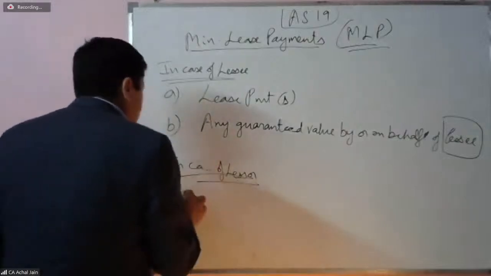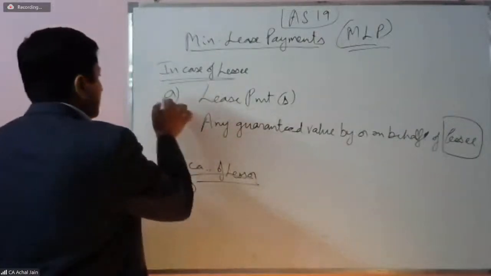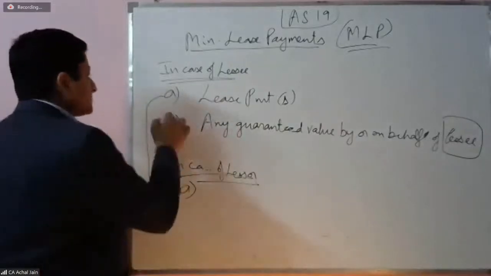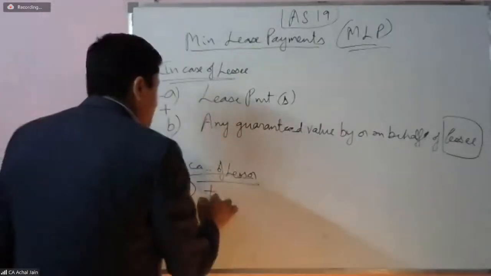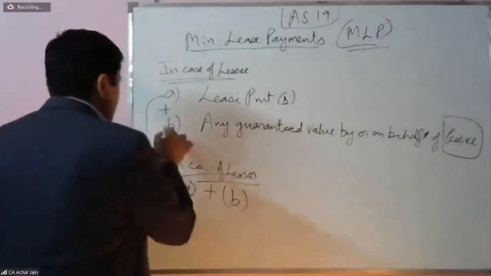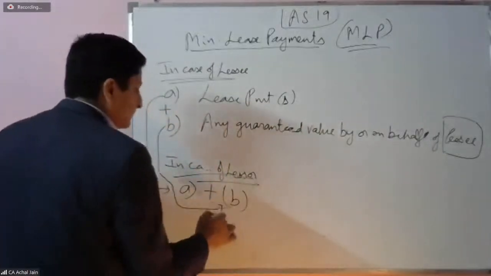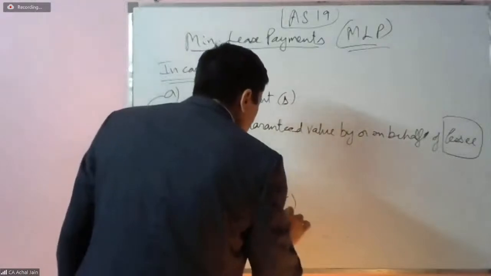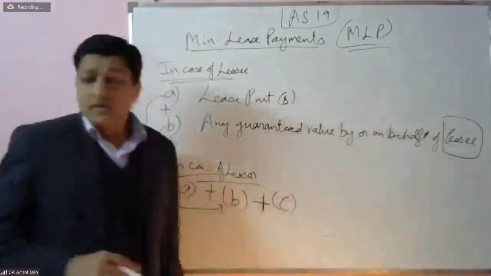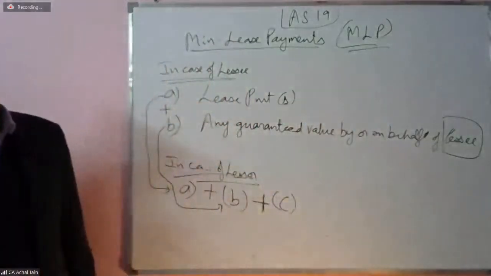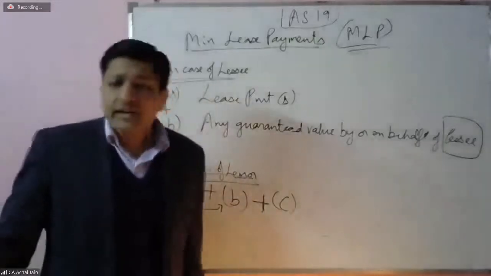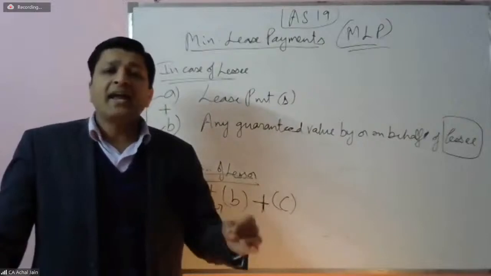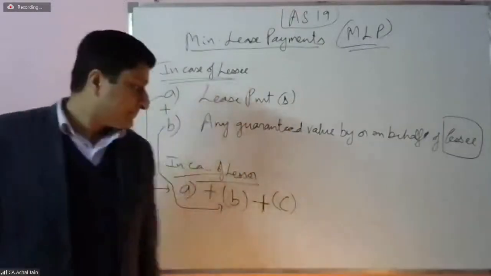In this case, it will be this A plus this B plus C. Now what is going to be the C? C means any residual value which is guaranteed to the lessor by an independent third party.